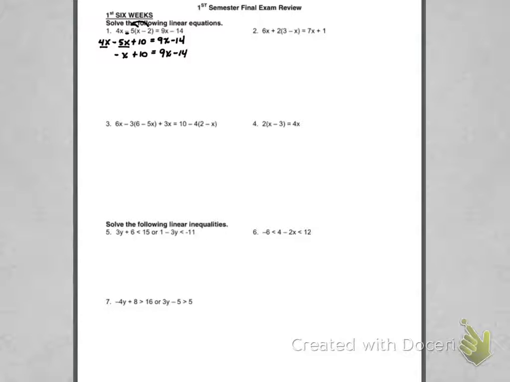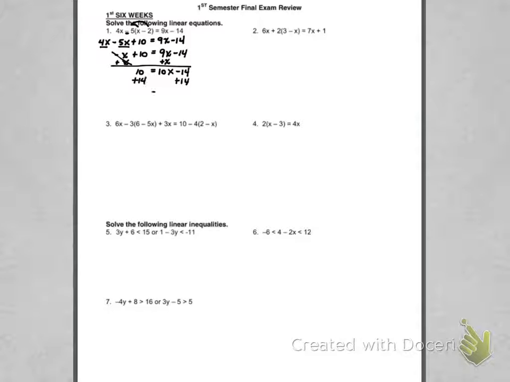Add x across, so we're going to add x to both sides. I'll do this one step at a time. That becomes 0, and you're left with 10 equals 10x minus 14. Okay, then you're going to add 14 across.